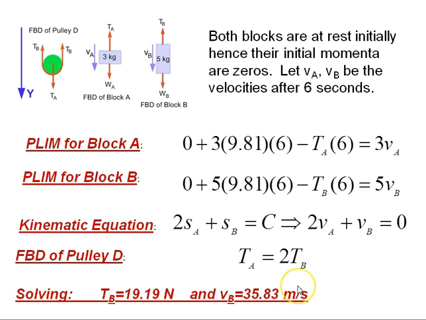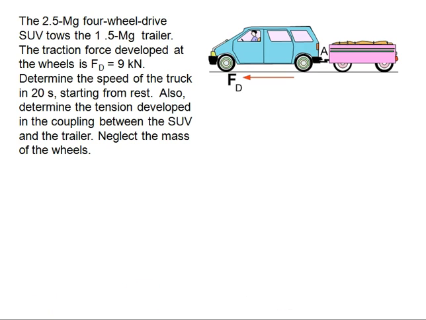With this, we'll try to solve another problem as shown here. In this problem, you have an SUV shown in sky blue color trying to tow a trailer carrying a certain load. The mass of the SUV is given to be 2.5 megagrams.